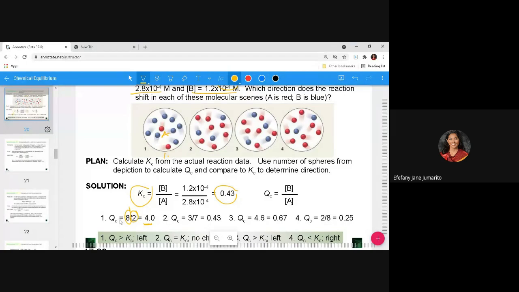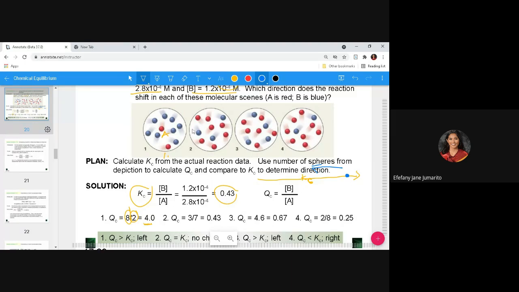Now, if you have QC which is 4.0 and your KC is 0.43, in what direction will the reaction proceed? Backward, ma'am, because QC is greater than KC. So it will go backward, to the left.